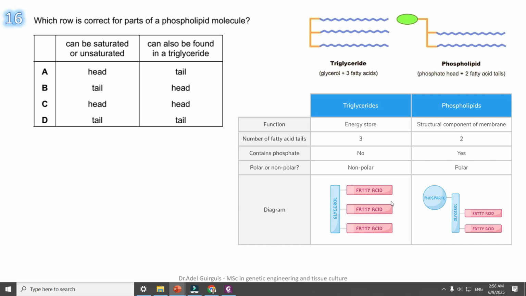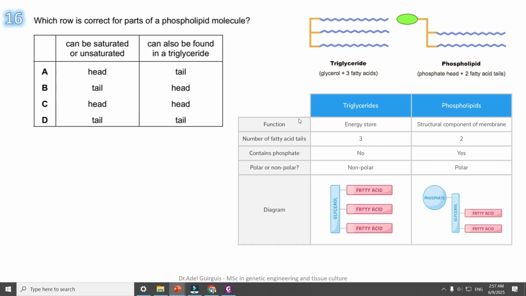This structure is formed by condensation. The bonds between the 3 fatty acids and glycerol are called ester bonds, 3 ester bonds, while here there are 2 ester bonds, and the third bond is a covalent bond between glycerol and the phosphate group, also made by a condensation reaction.